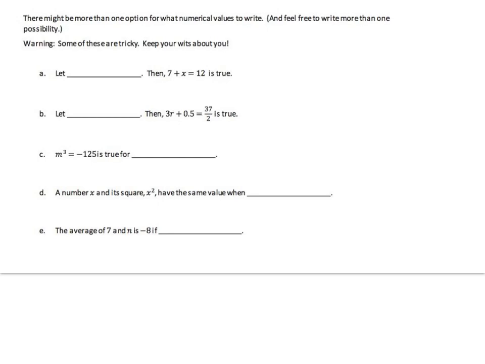A: Let x equal blank. Then 7 plus x equals 12 is true. So what do we want x to equal? We're going to say 5. B: Let r equal blank. Then 3r plus 0.5 equals 37 over 2 is true. So 37 divided by 2 is 18.5.